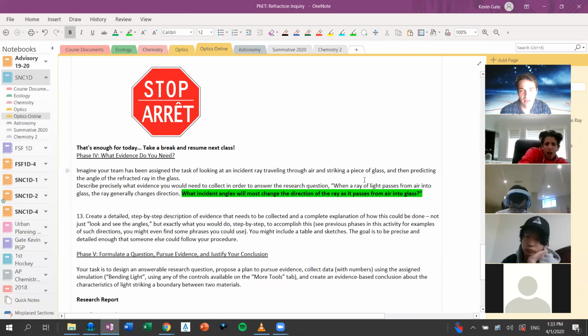Remember, when a ray of light passes from air into glass, the ray generally changes direction. That's called refraction, right? The bending, the changing of direction of the light. What incident angle, what angle of the incident ray, will cause the biggest bending of the ray as it passes from air into glass?